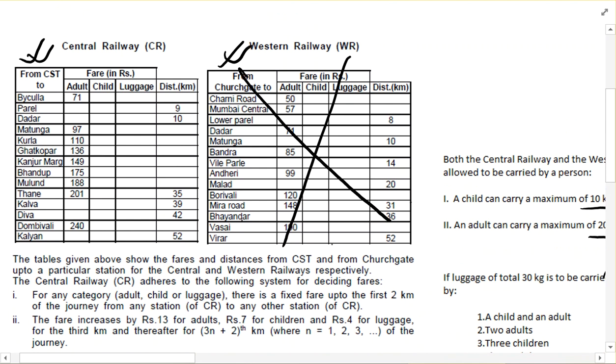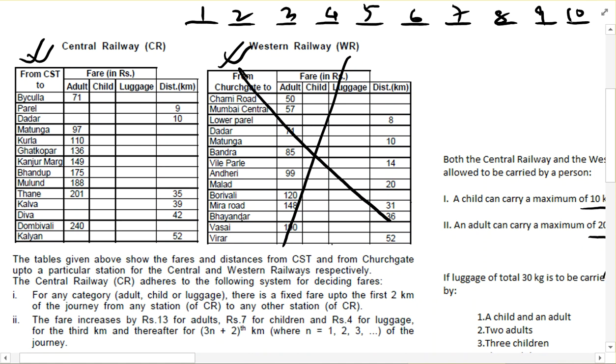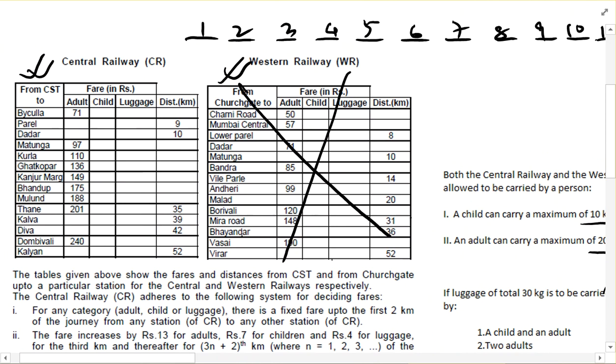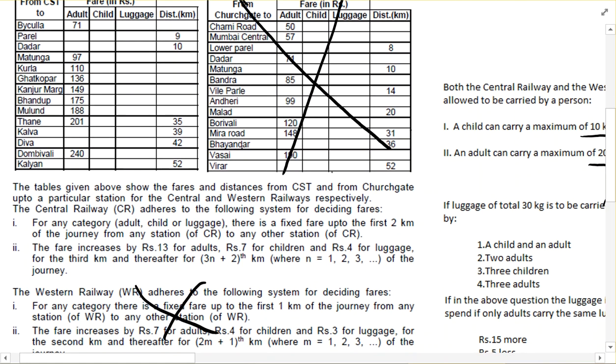In the first table, for the first 2 kilometers there is a fixed charge, A. The fare increases by rupees 13 for adults, 7 for children, and 4 for luggage for the third kilometer.